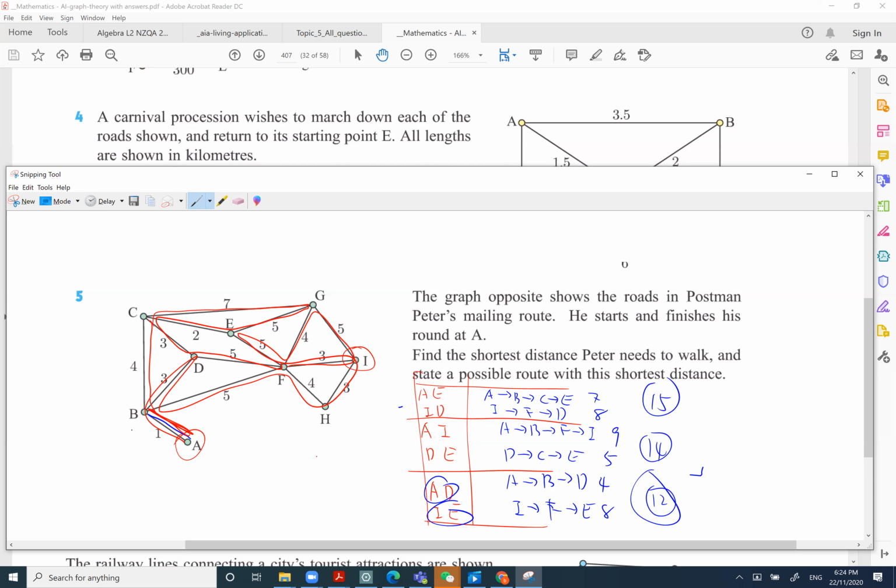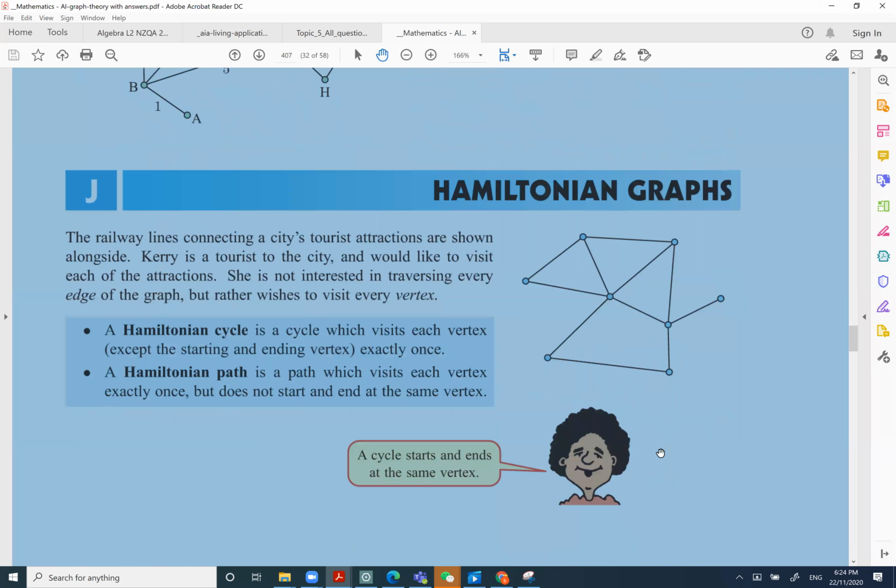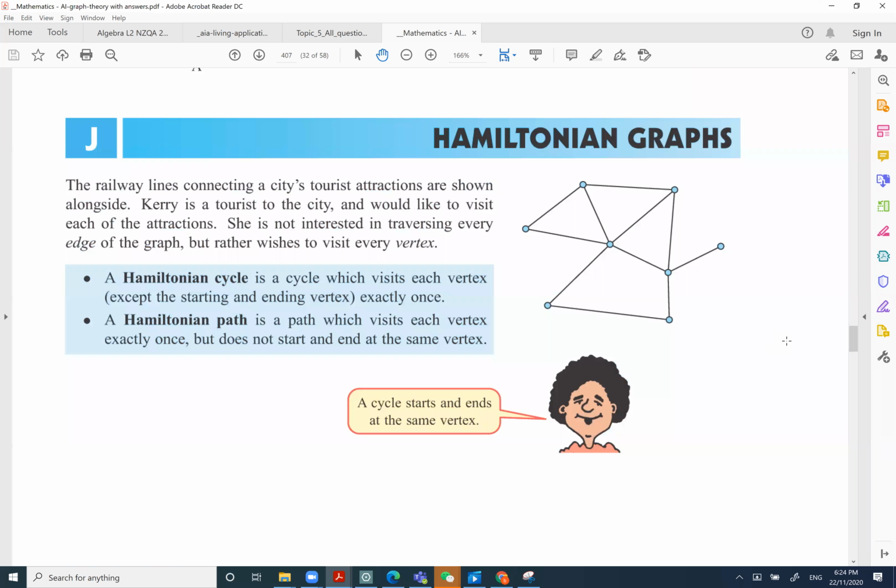Okay, that's it. When you check the Hamilton, the Euler thing, we need to pass through or travel along all edges.